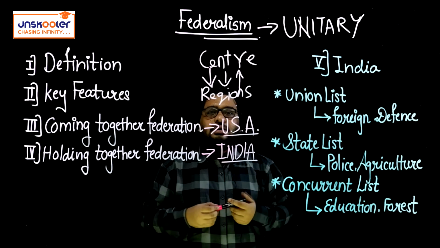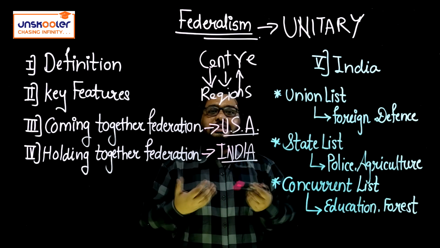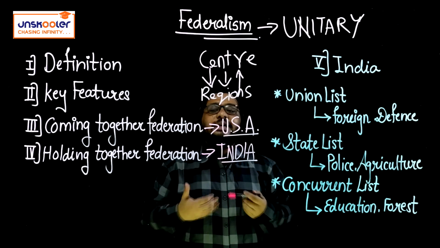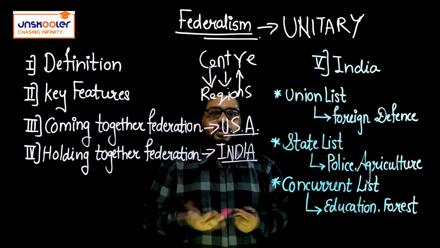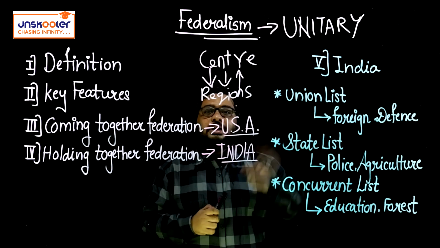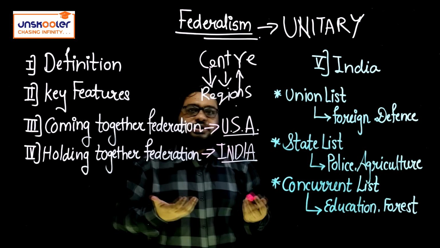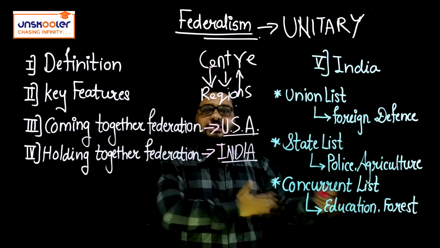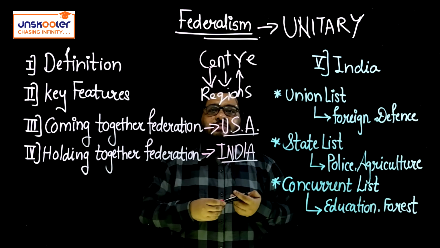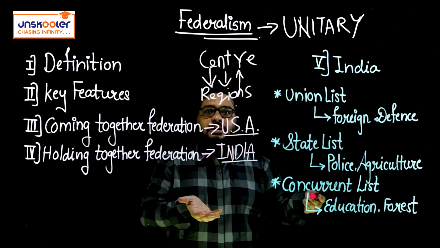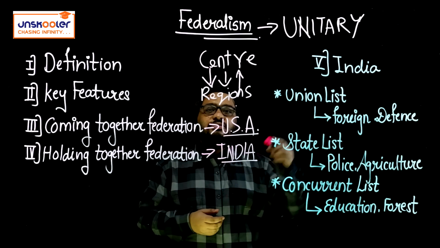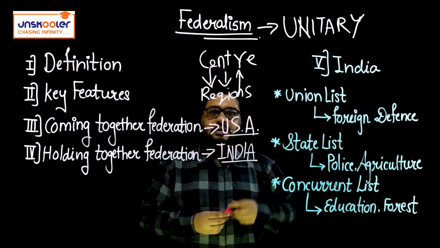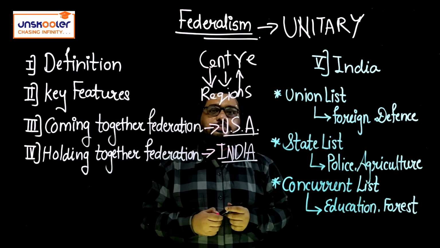These are things which are the sole propriety of the center. The state plays no role in this. Another would be the printing of currency. No state can print currency on its own. It's the RBI, which is under the center. Similarly, a state government doesn't have a ministry for foreign affairs or for defense. That is exclusively in the center.